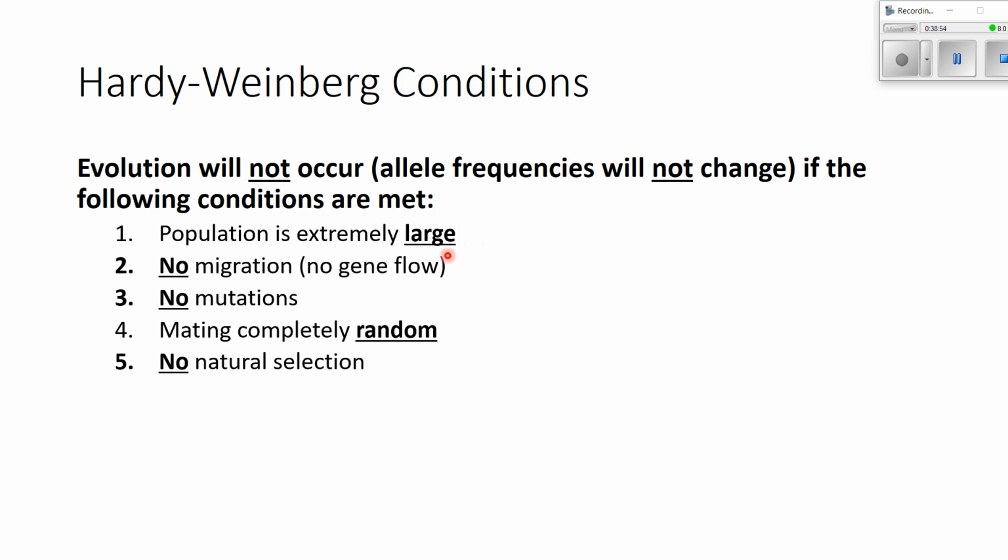Maybe it's just that the population is really, really small, and so genetic drift is occurring, random changes happening just because the population is small. This tells us where to look, because if a population is evolving, one of these 5, or maybe several of these 5 conditions, must be being violated. And we can start to look and figure out what's going on.